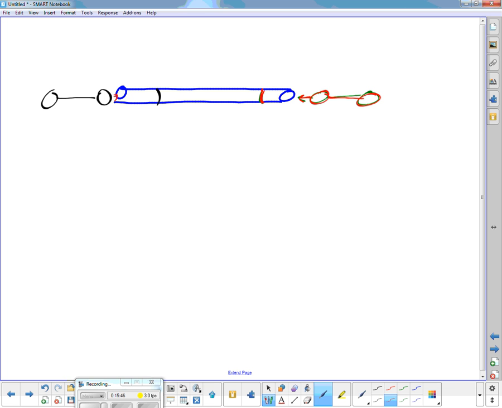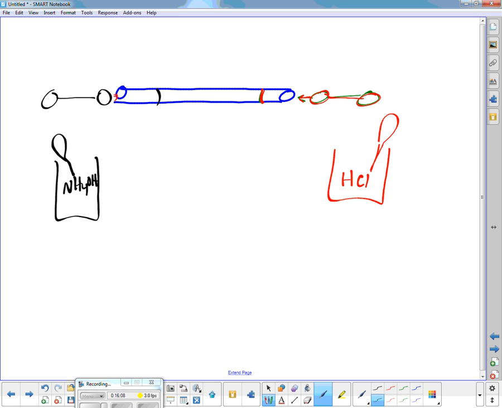On this side, we're going to have a container that has hydrochloric acid in it, and it has a dropper in it. This is concentrated. You do not want to get it on you, so we're going to do it in the hood. On this other side, we've got a container with NH4OH in it, and it also has a dropper in it.